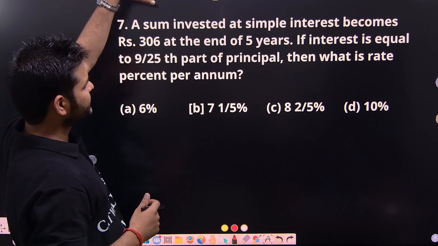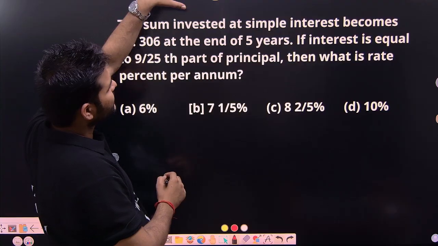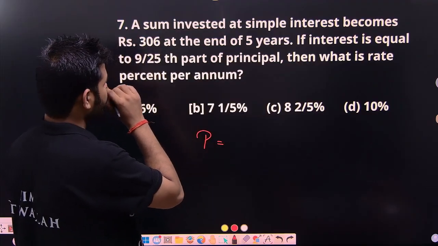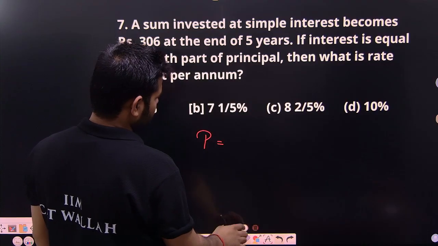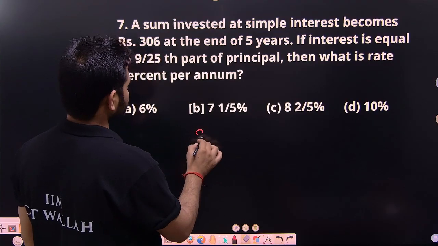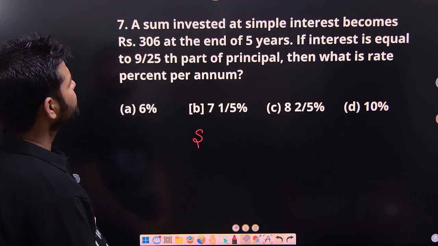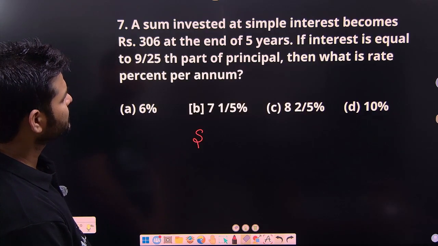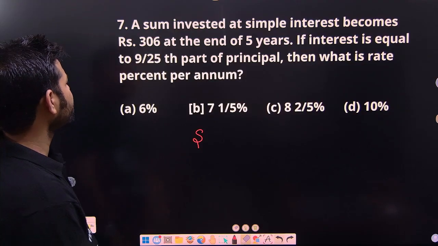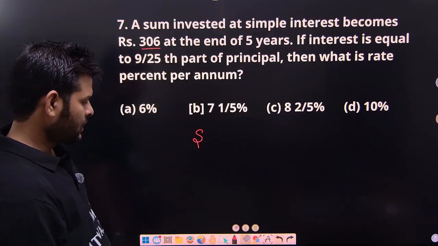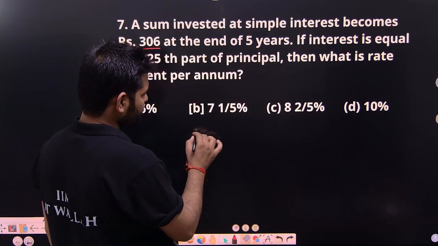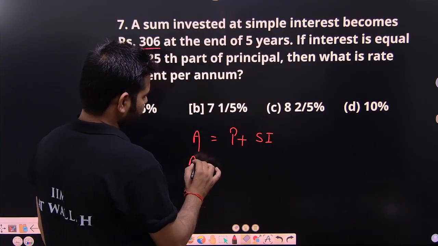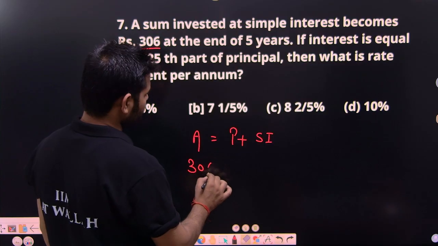Let's do it. A sum invested at simple interest, suppose we have principal P. It becomes rupees 306, that means it is the amount. So amount means principal plus simple interest, and that amount we have been given is 306.